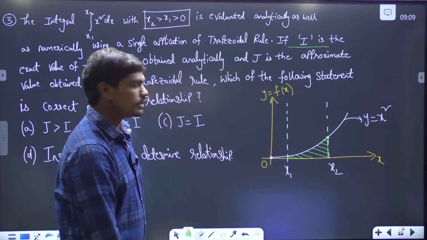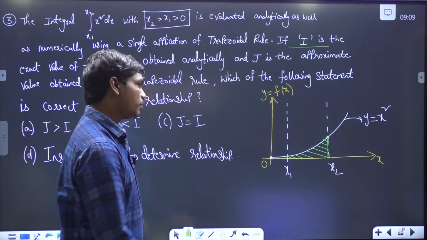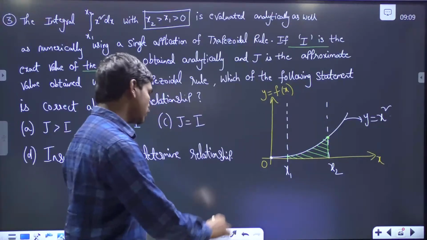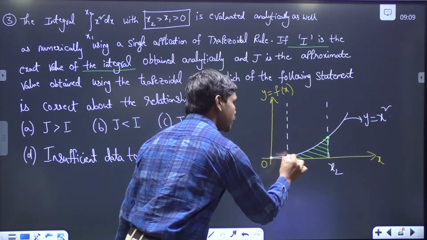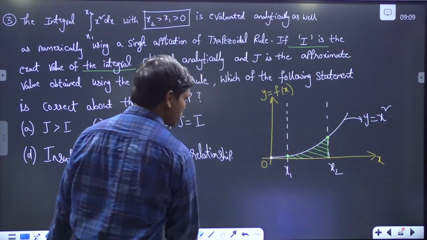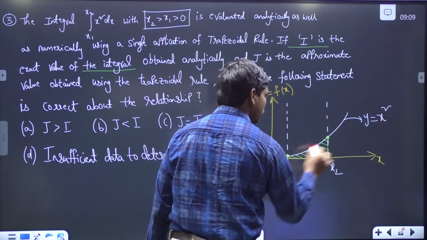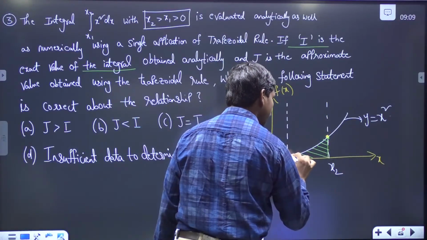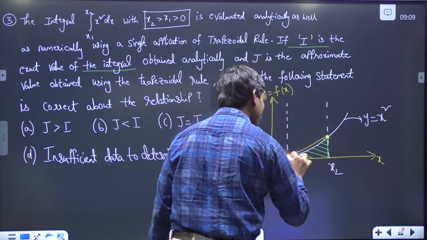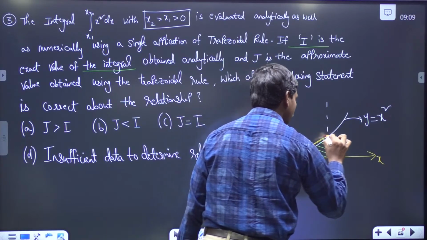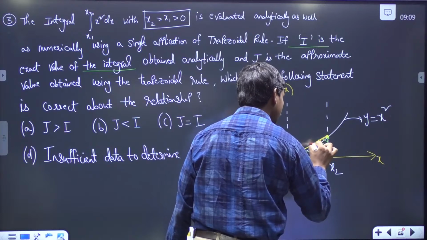But if you apply the trapezoidal rule, what happens? In the trapezoidal rule, you join these 2 points with the help of a straight line, something like this.